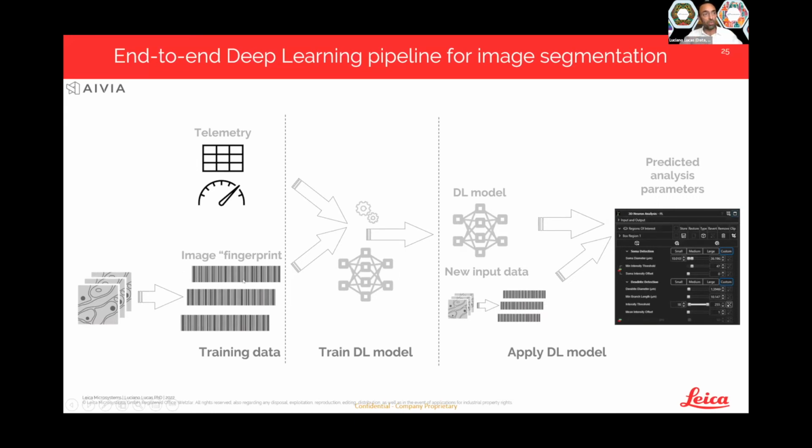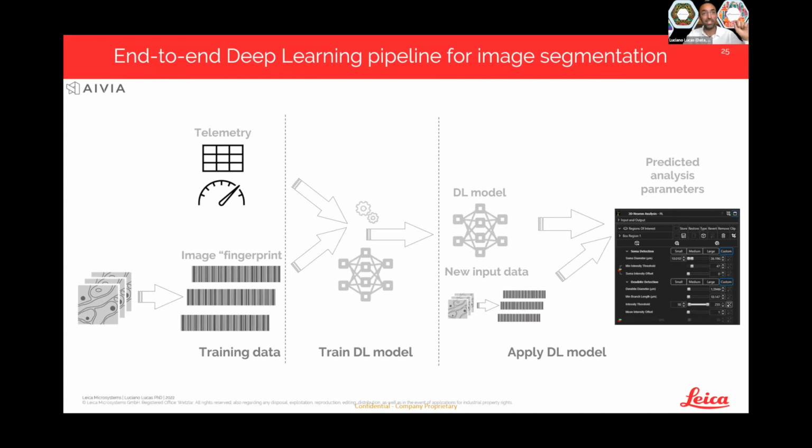It's really a 1D array that is unique and anonymized at that point. Each one of these 1D arrays, which looks like a barcode, is matched to the exact user information, meaning user behavior, not the user name and all of that, as well as which parameters they put in the recipe, the image analysis recipe.